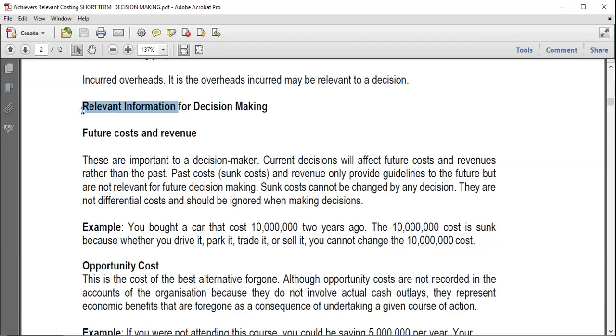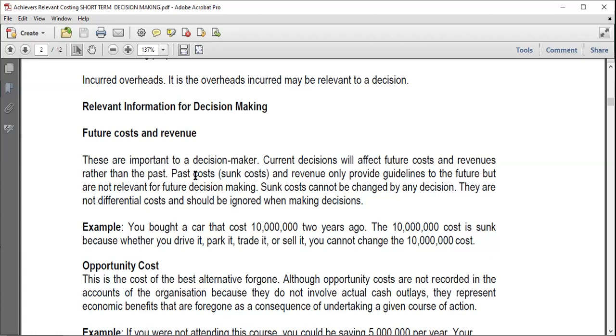This is the job that you have, maybe you're relocating to another country and things don't really work out with you having your CPA qualification, and then you have to make that decision. So relevant information should be basically future costs and revenue. You get it? When we're speaking about relevant costing, we're talking about costs, but you also need to look at the revenue.